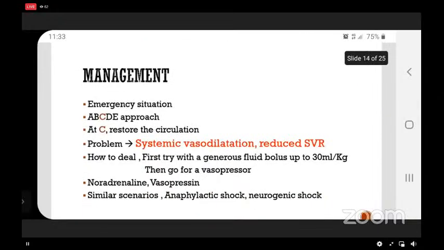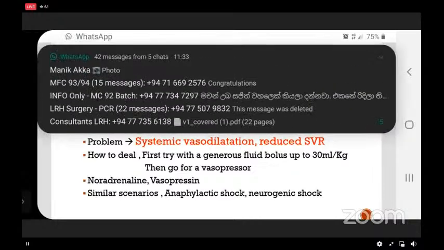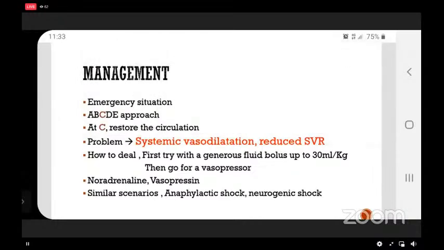So how to manage? Again, you have to go through the ABCDE approach, and at circulation you find that the blood pressure is low, and the reason for the lower blood pressure is systemic vasodilatation and reduced SVR. So how to deal with it?